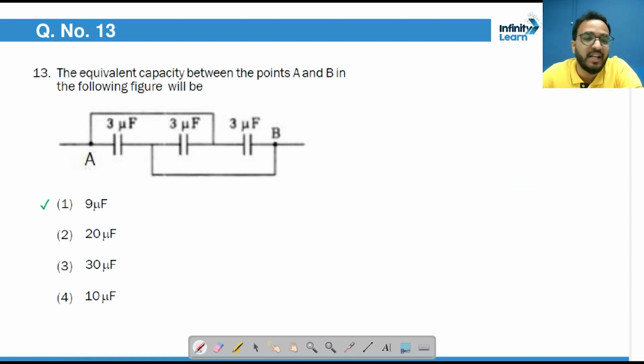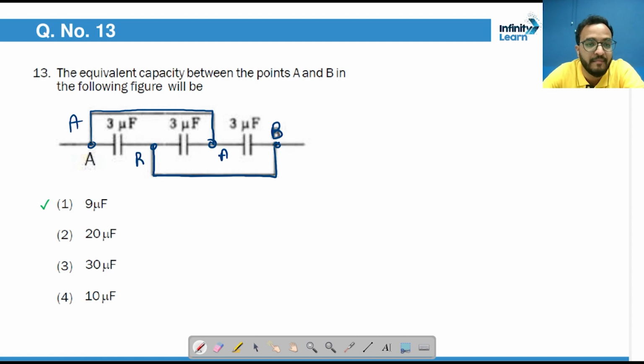Question number 3, they all are in parallel. Now you will ask me, sir, how do you know? See, if this is A, this complete wire has the same potential A. So this is also A. And if this is B, this complete wire has the same potential B. Now let's draw A and let's draw B. From A, how many plates are attached?